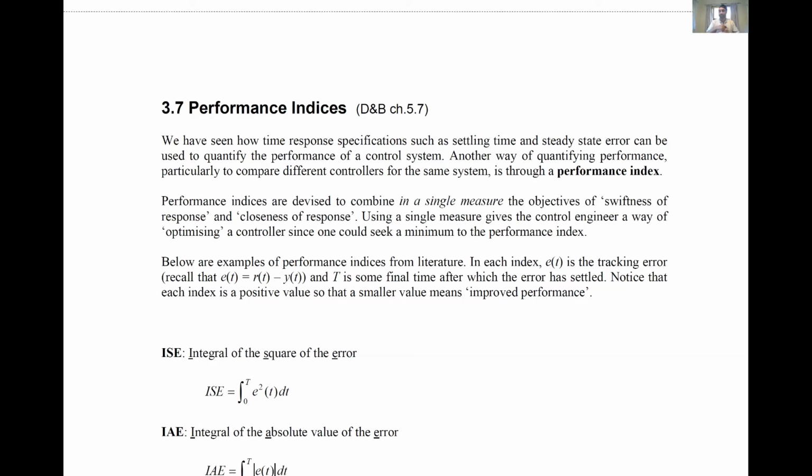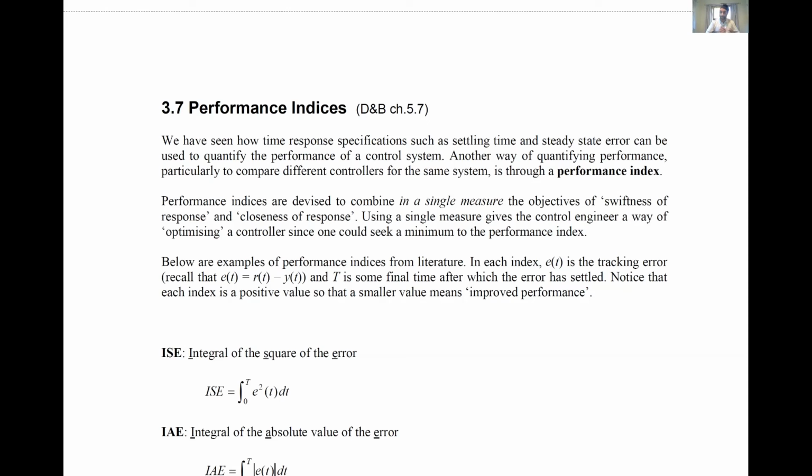They're either describing the speed of the response, or they're describing how close the response is to tracking a desired reference value. The idea of performance indices is that we can also come up with one measure which describes the overall performance of the system.